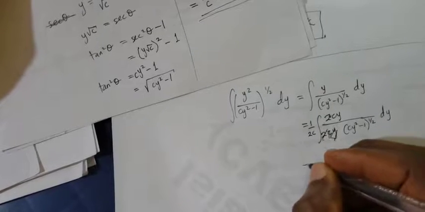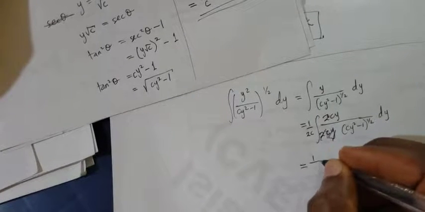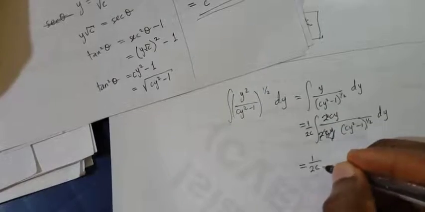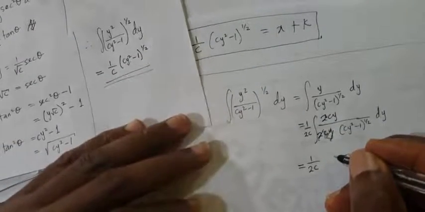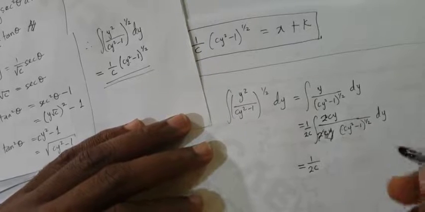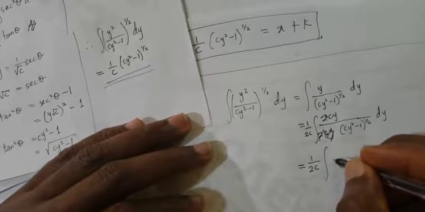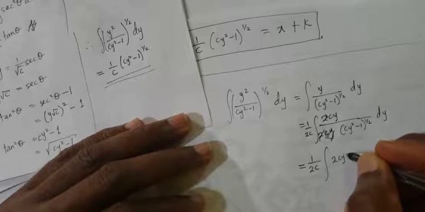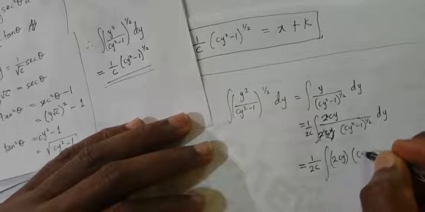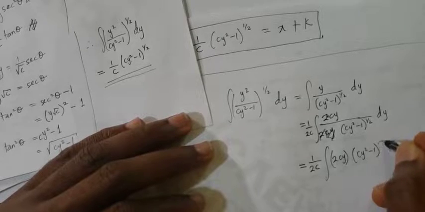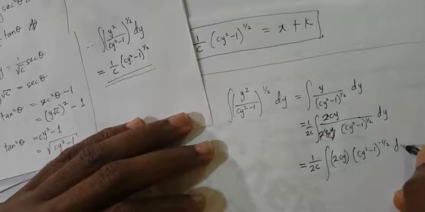So we could have recognized this as having 1 over 2c, then the integral of 2cy, then we now have this here, (cy squared minus 1) raised to power minus 1 over 2 dy.